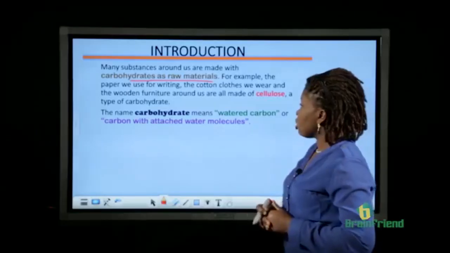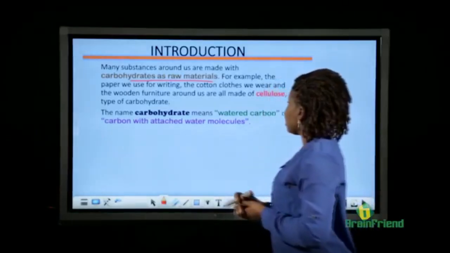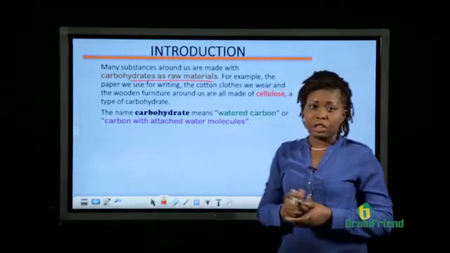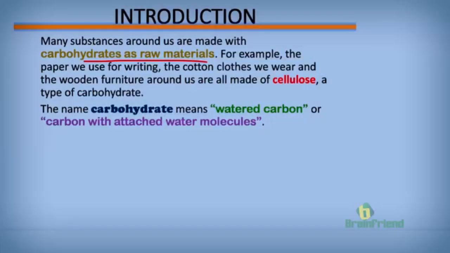For example, paper we use for writing, the cotton clothes we wear, and the wooden furniture around us are all made of cellulose, which is a type of carbohydrate. The name carbohydrate means watered carbon, or carbon with attached water molecules.